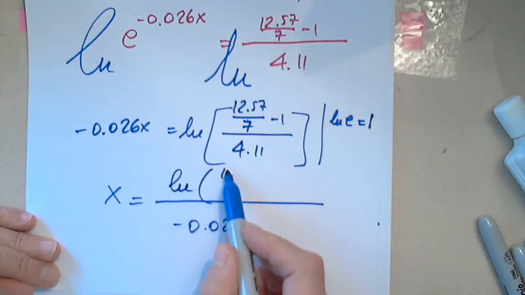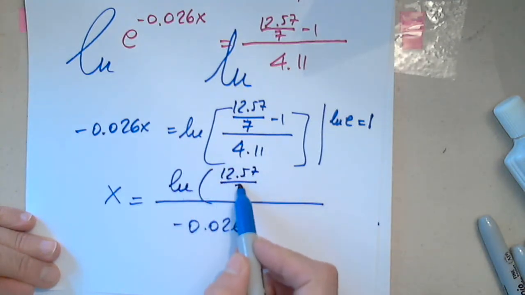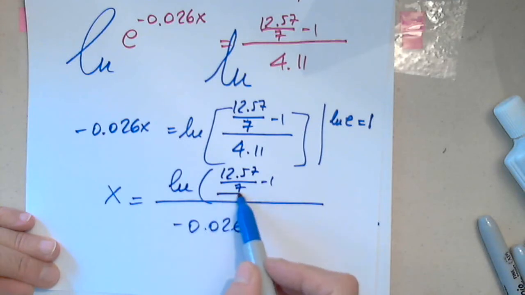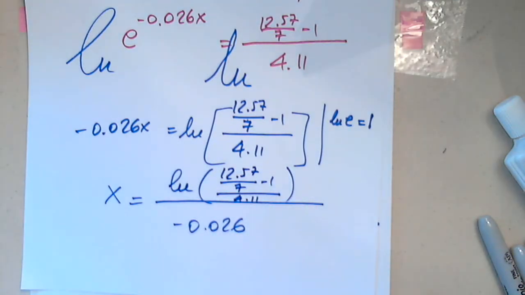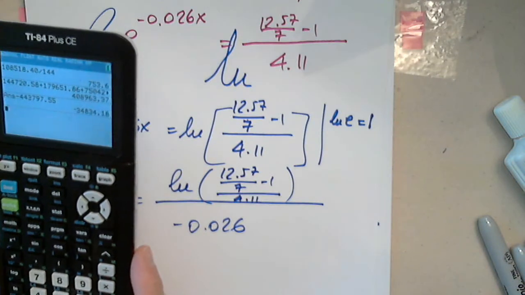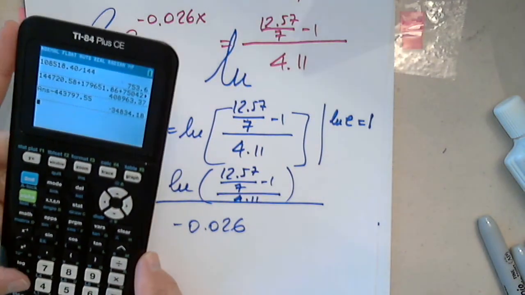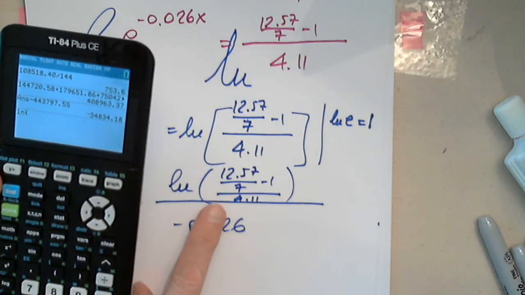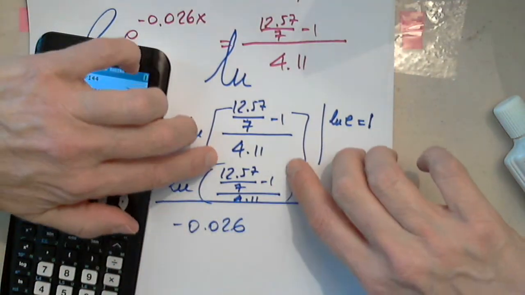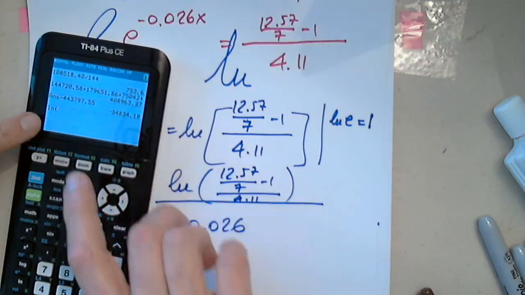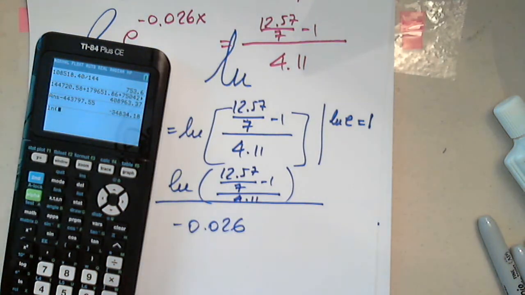Natural log 12.57 over 7 minus 1, and everything over 4.11. Okay. Natural log. Careful how we enter this. So these are the parentheses that already pop up in natural log.